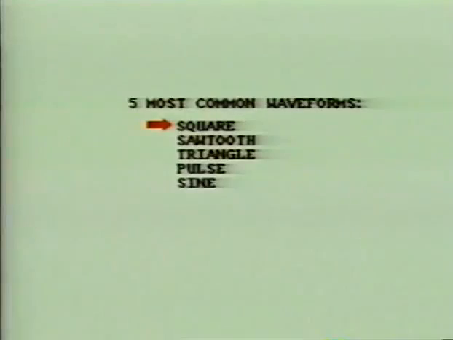And once we've talked about the three elements of sound, we'll go on to examine the five most common waveforms: the square wave, the sawtooth wave, the triangle wave, the pulse wave, and the sine wave. Every synthesizer under the sun uses at least 2 or 3 of these waveforms to either generate or modulate part of the sound.